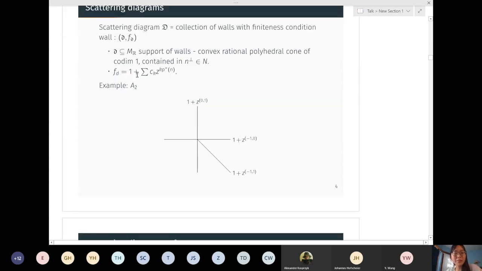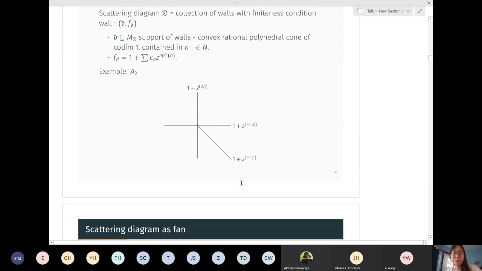Let's go to an example, which we are going to call the A2 example. You can see it's dimension 2 here, and the wall of dimension 1 will be just a line or half line, and I have those functions associated to the wall.